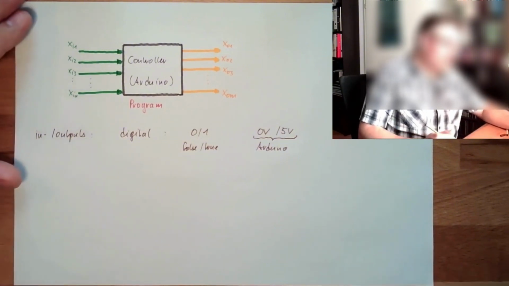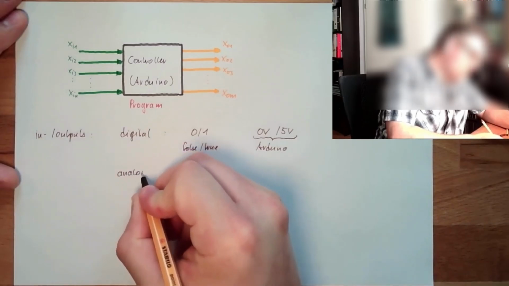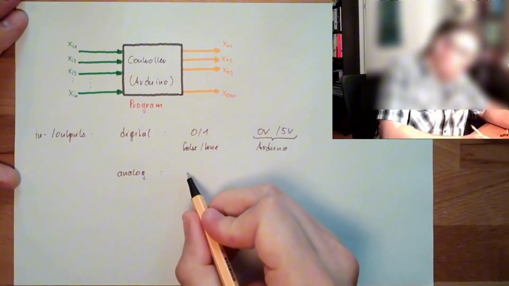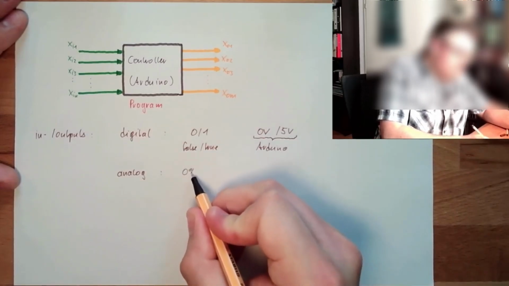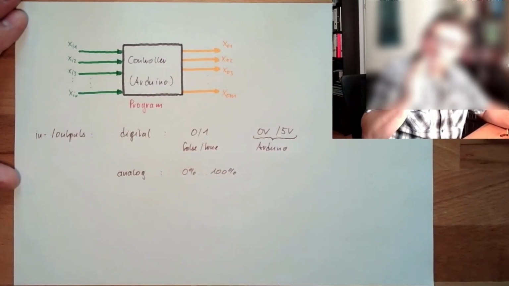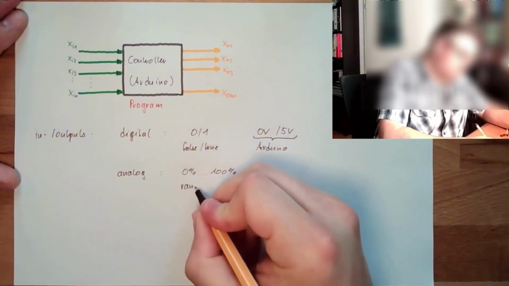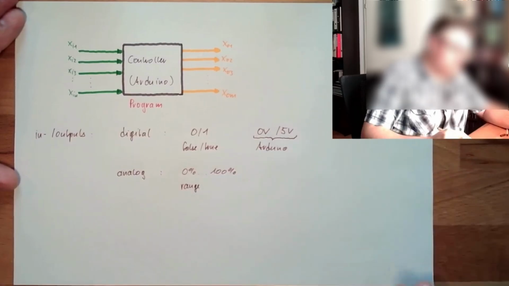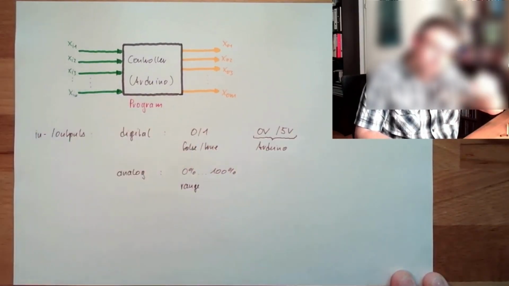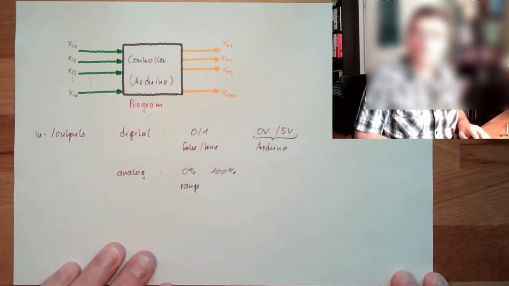And they also might be analog. This means something between 0% and 100%. Also something in between. It's a range. Digital was only 2 explicit states, and this is a range between 0 and 100%.